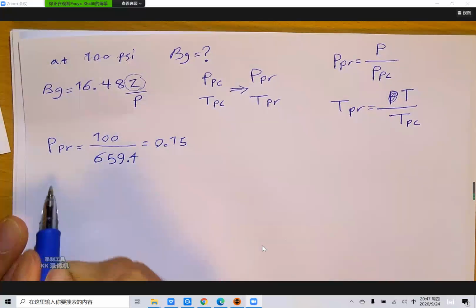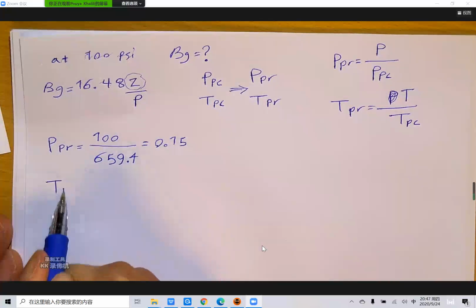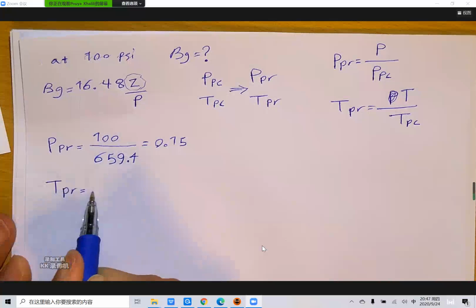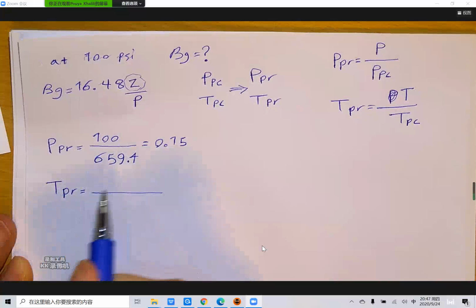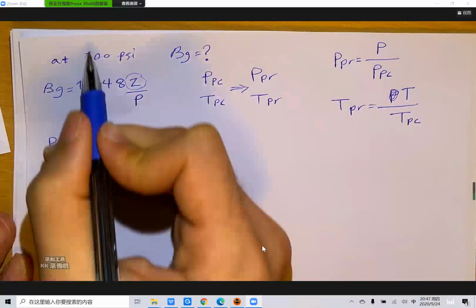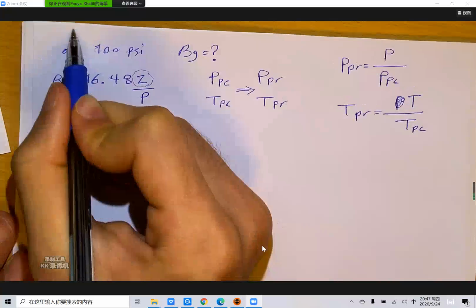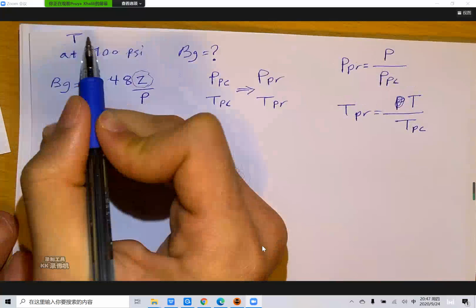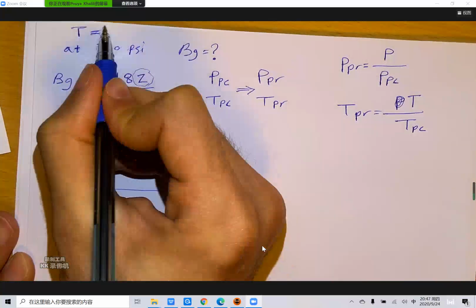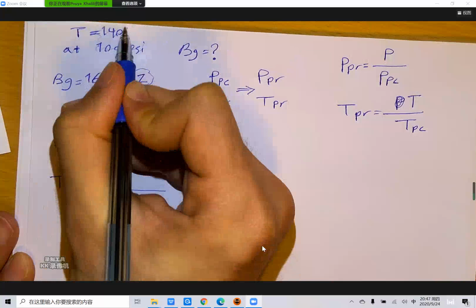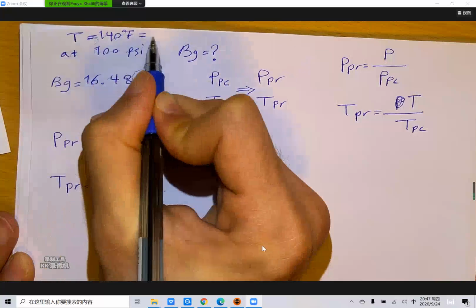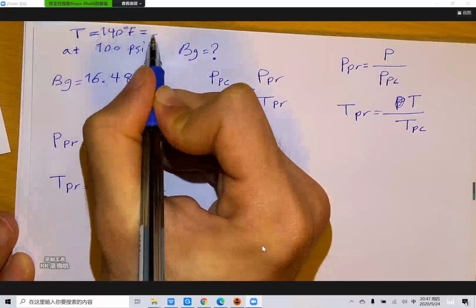Also the pseudo-reduced temperature, we need to find at the temperature of 600 Rankine.